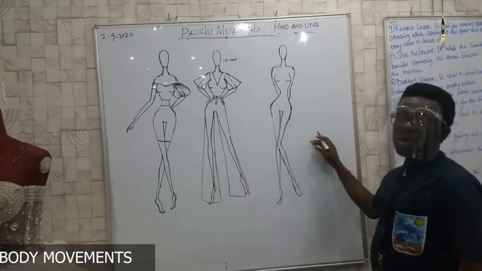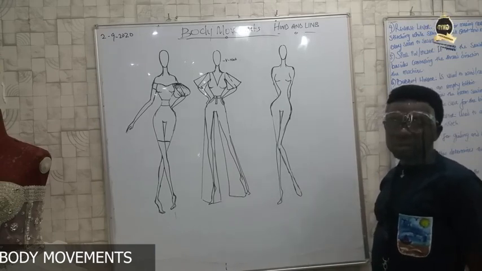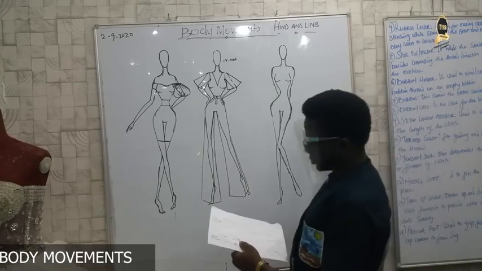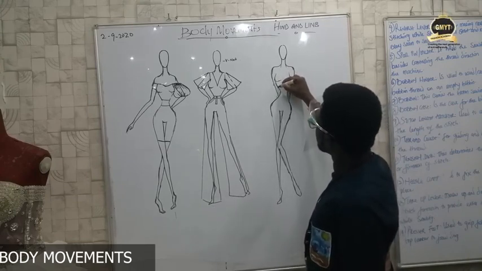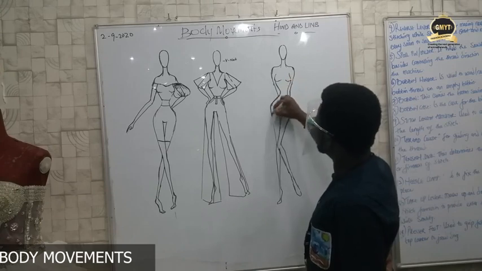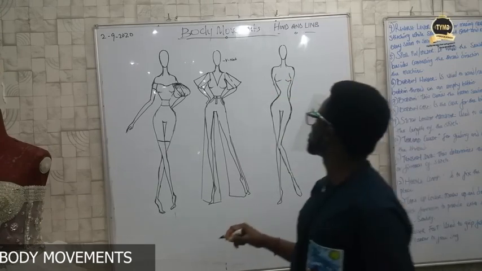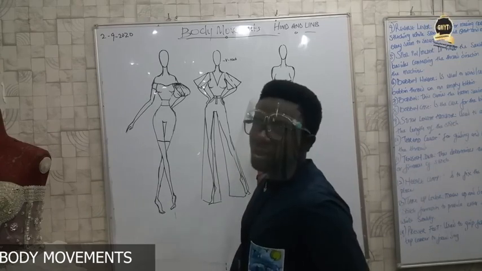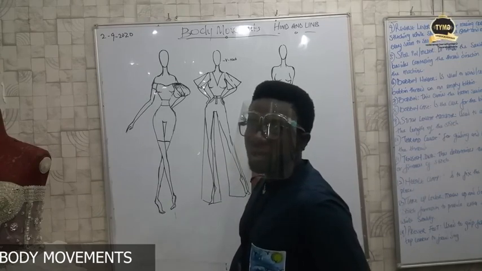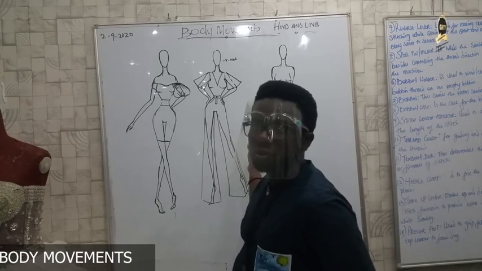Here you have the hands behind the back. Now if you check the posture and the movement of these three bodies, you find that this last figure here, there's something about the waist. Her waist is moving.